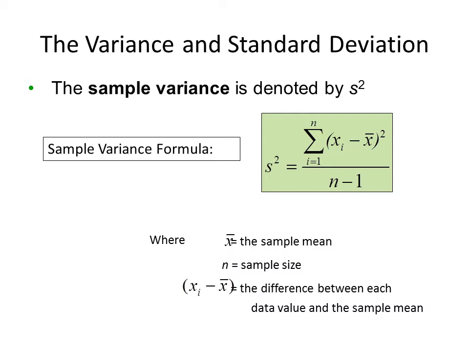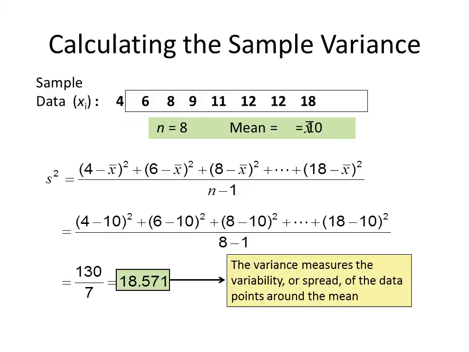So how do we calculate standard deviation? It starts with the formula for variance. Variance is the summation of (x minus x bar) squared, divided by n minus 1, and that is the sample variance.